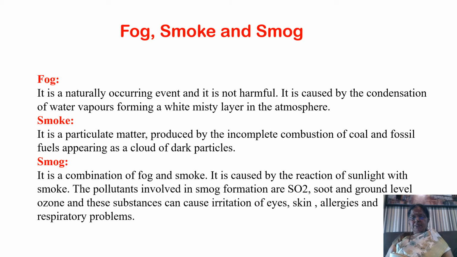The sunlight reacts with smoke already in the atmosphere, and it causes smog. The pollutants produced as a result of smog formation are sulfur dioxide, soot, and ozone. All these substances cause irritation to the skin and eyes, allergic symptoms, and may even cause some respiratory problems. So you should know the difference between fog, smoke, and smog.